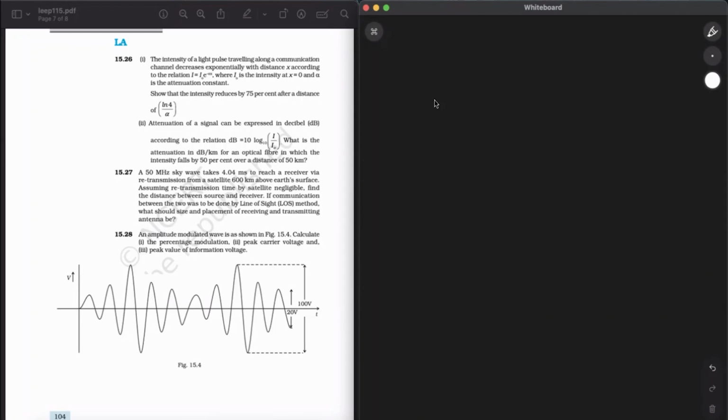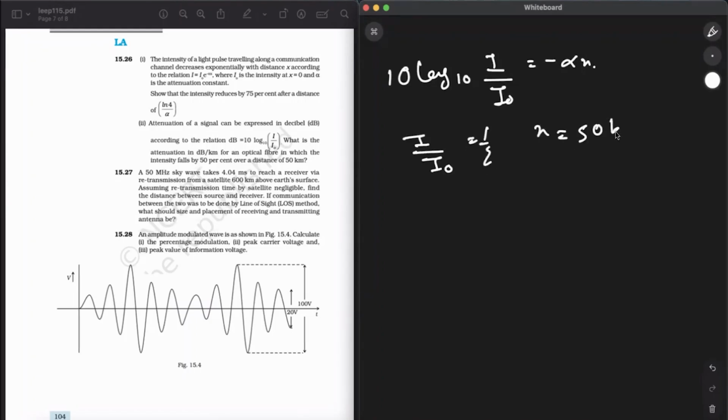Got it. So if I let the attenuation be alpha in decibels per kilometer, and x is the distance traveled, then 10 log base 10 of I upon I naught is equal to minus alpha x. It has been given that I upon I naught is equal to 1 upon 2 and x is equal to 50 kilometers.